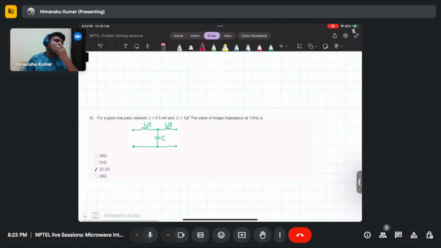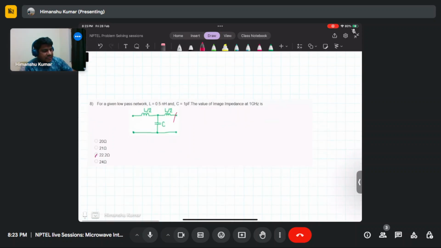What is the image impedance? If you connect a load of a certain impedance, and that same impedance appears at the input, that is known as the image impedance.